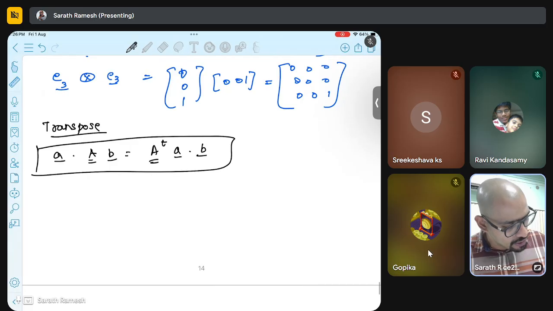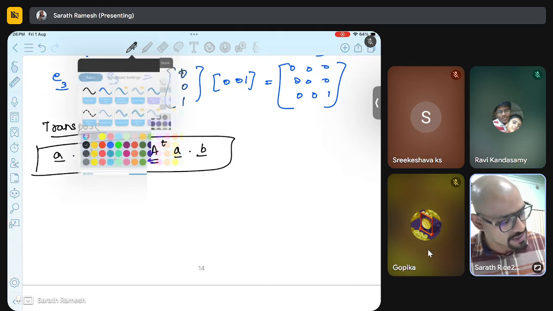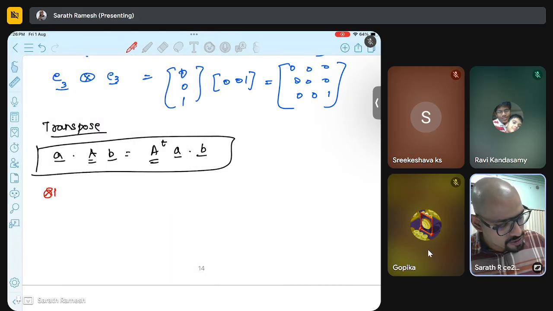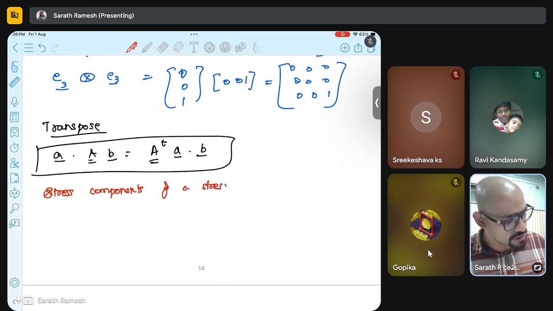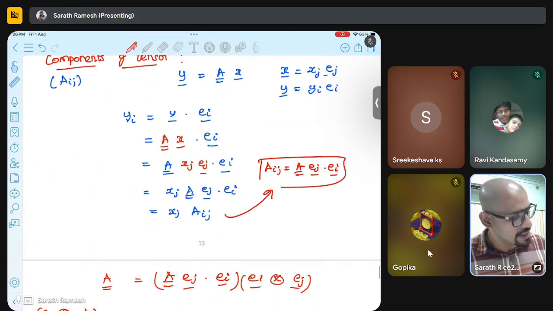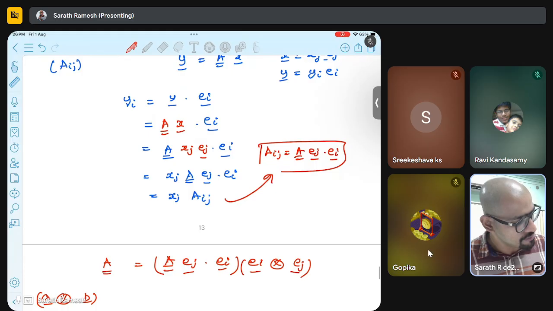Now our aim is to find the stress components of the second order stress tensor, that is, sigma ij. Based on whatever we have seen, a_ij can be written as the tensor times e_j dotted with e_i.